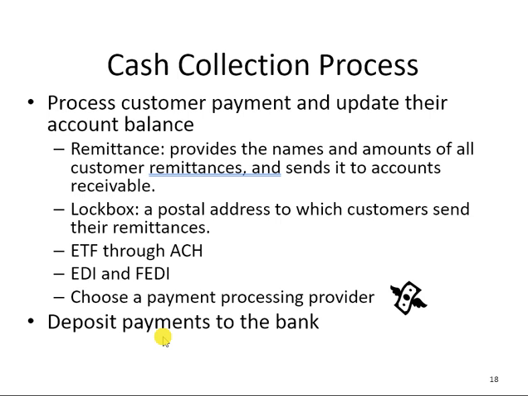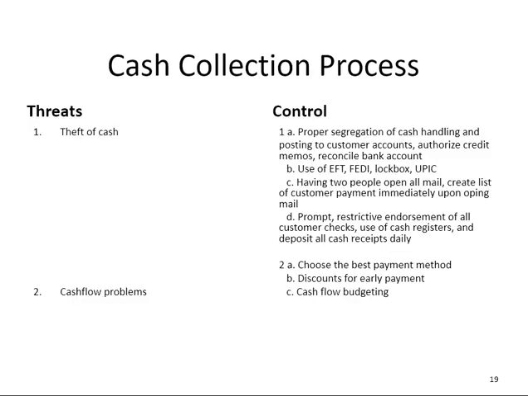Okay, so let's talk about the threats and controls in this process. Threat: theft of cash. To prevent or mitigate this risk, it's very important that we have proper segregation of handling cash, right, and posting to customer accounts, authorizing credit memos, and reconciling the bank account.